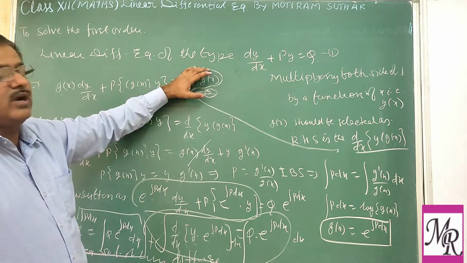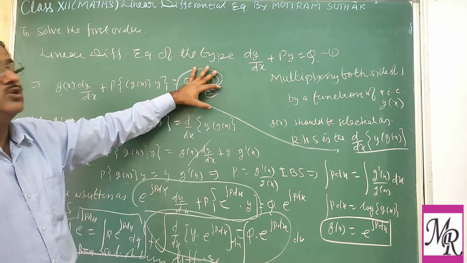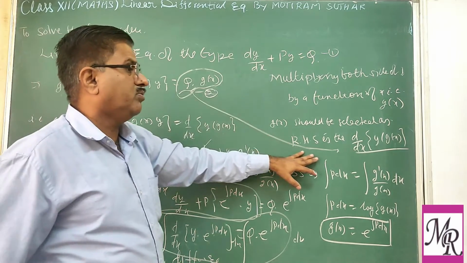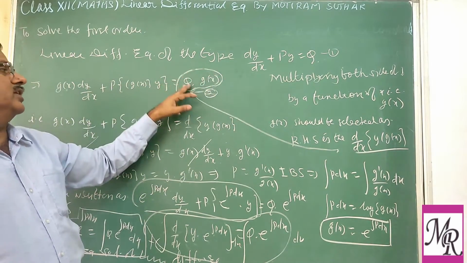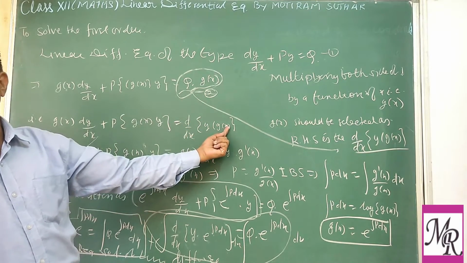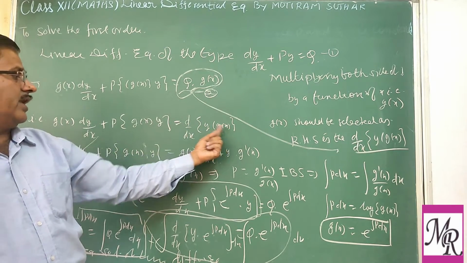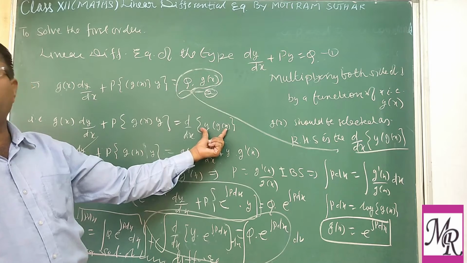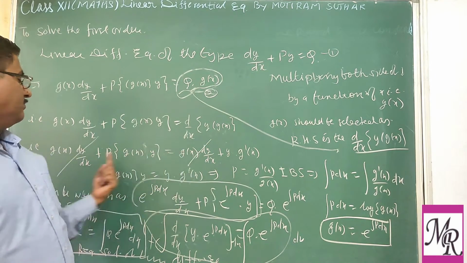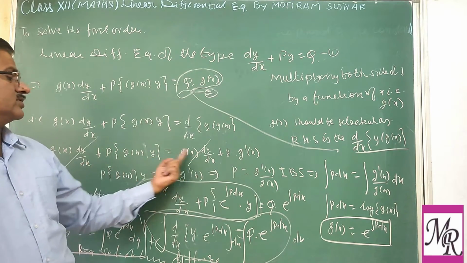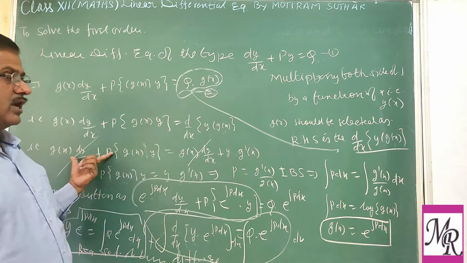First we find the value of g(x). We say the left hand side should be written as the derivative of y into g(x). Then you find the derivative by using the product formula and cancel out the common or identical terms on both sides.